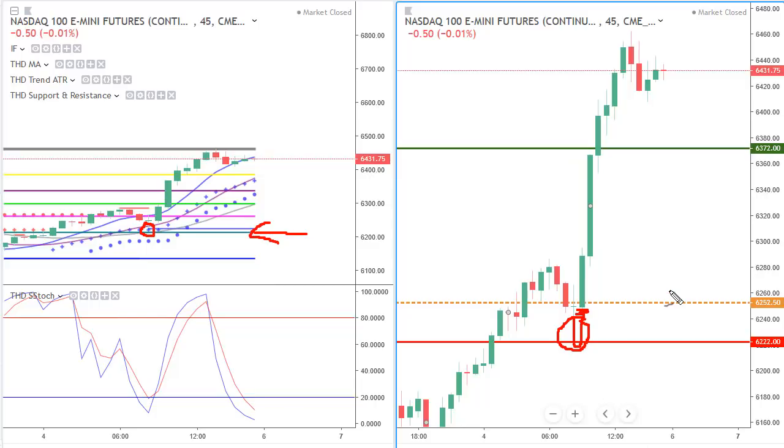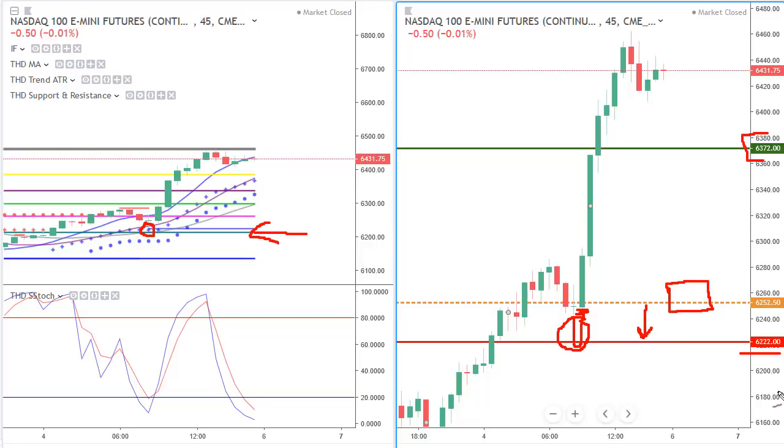The entry price was right here at 62.52.5. The floor was at 62.22. The ceiling was at 63.72. My risk on this was the difference between my entry price down to the floor.